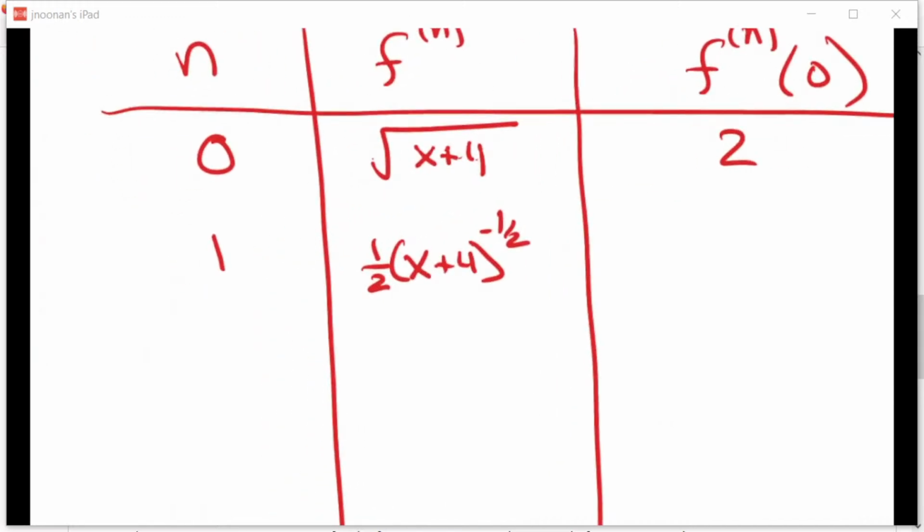By the way, if you're confused about where Lucas got his x plus 4 to the negative 1/2, here's where it came from. This square root of x plus 4 is this. All right, let's go ahead and plug in 0. So let's see, that's going to be 1/4. Is that right? When I plug 0 into that, double check my math. If you need to, pull out your calculator.